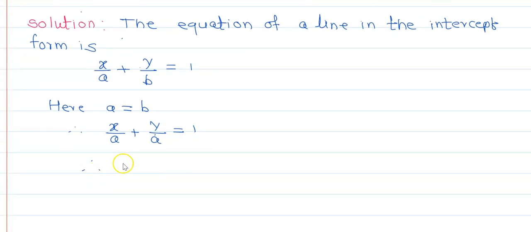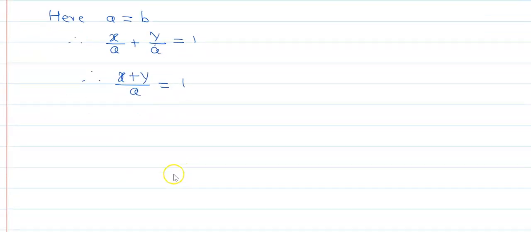And therefore (x plus y) upon a is equal to 1. Therefore x plus y is equal to a.